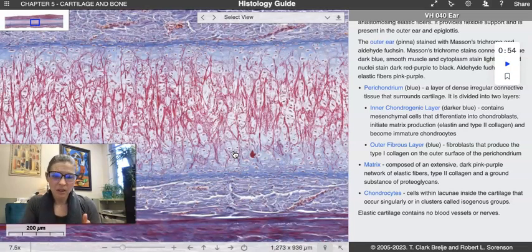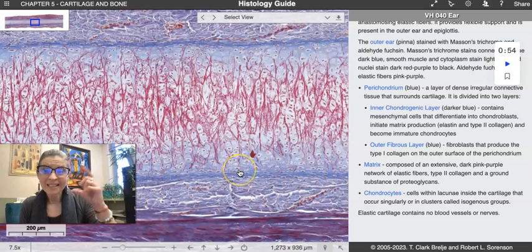There is a similarity: a kind of uniform appearance of the matrix that has a smooth background. I always say it has a watercolor wash to it, and it does. From this point all the way down to here is your section of elastic cartilage, and you can see at the periphery that watercolor wash.